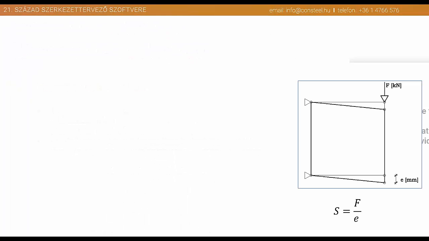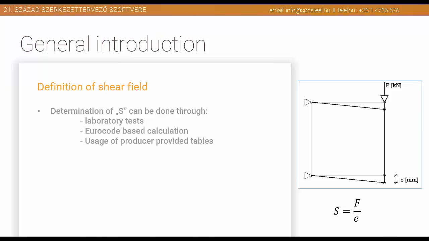In order to measure the specific S value of a shear field, there are several methods available. The first one is not very well applicable for engineering day-to-day practice. This is when in laboratory tests this shear stiffness is defined. Usually, like always in such cases, one places a certain amount of load and measures the displacement.